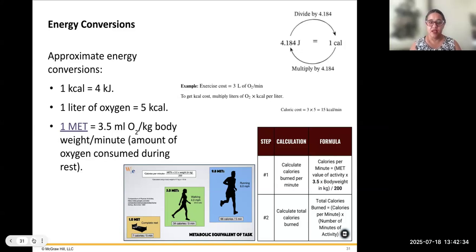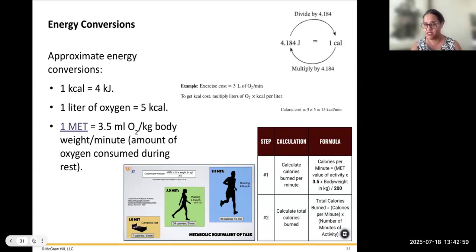And then the MET, there's a whole formula to calculate the MET. It's 3.5 milliliters of oxygen per kilogram of body weight per minute, and we are using the amount of oxygen consumed during rest for that. On the right, there's a little chart, and I've linked the article that chart comes from.